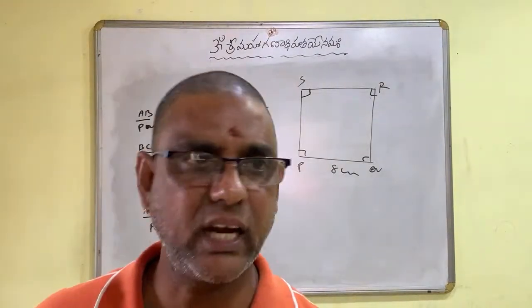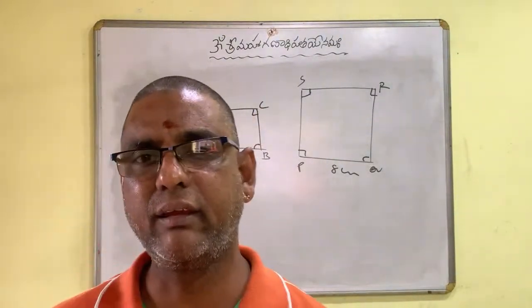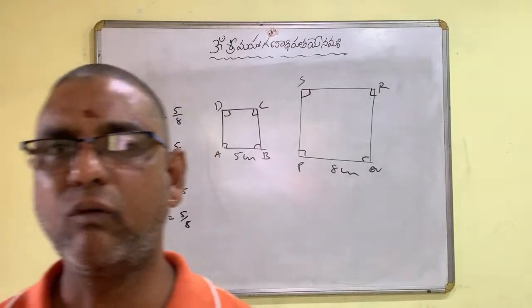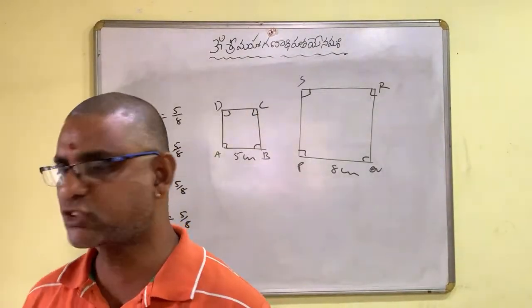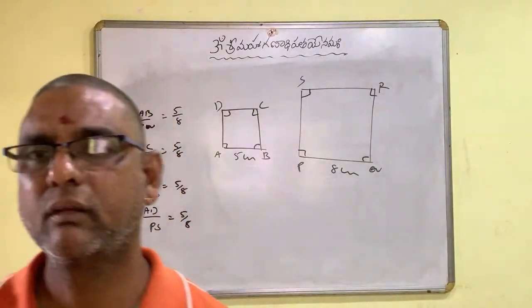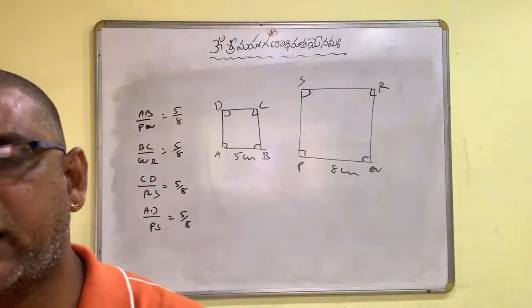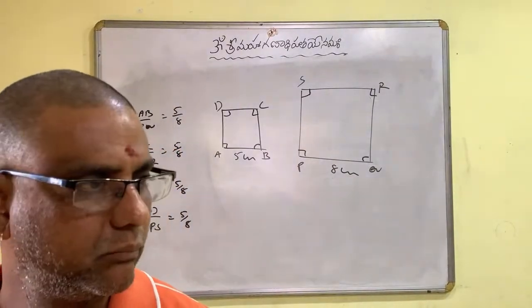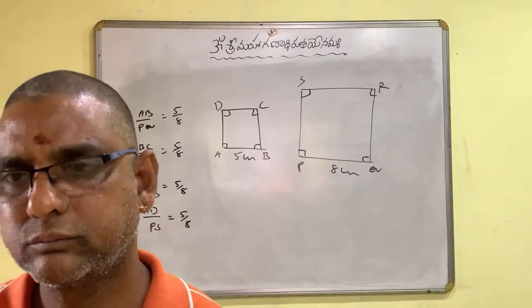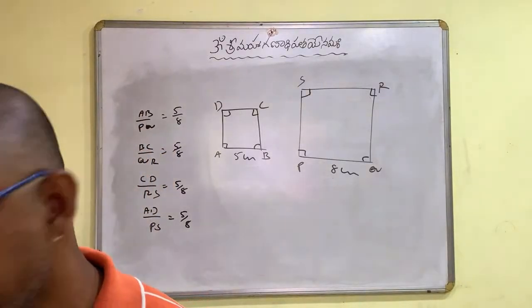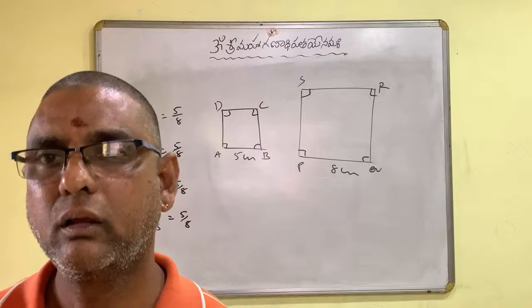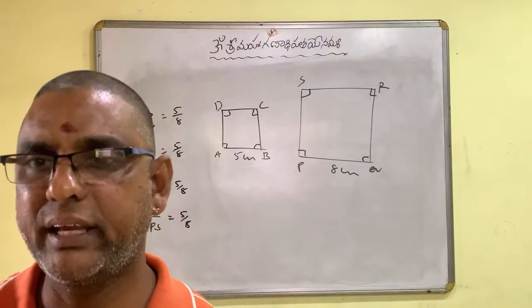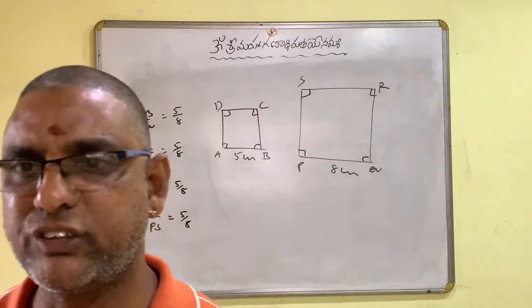Now, in general, what statement can we give about squares? Can we generalize the statement? All sides are equal. That's the generalized statement. It is 3.